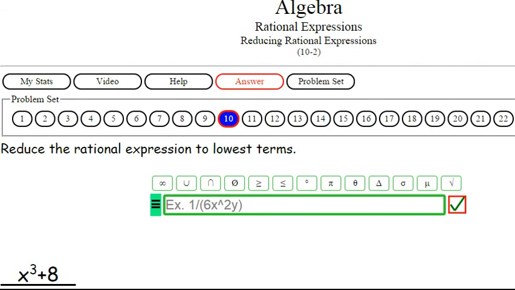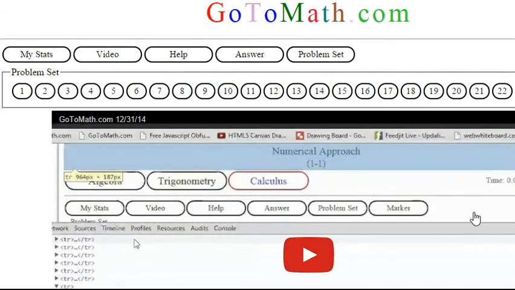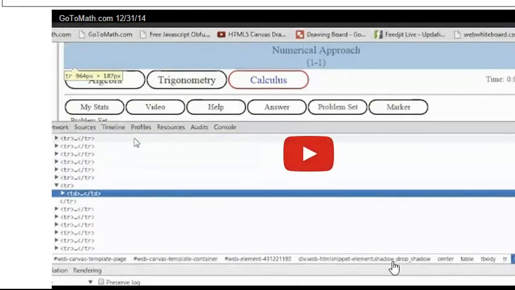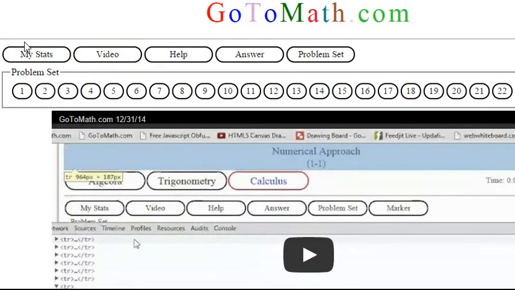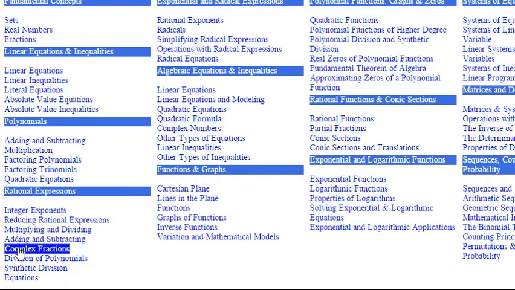So we're over here at gotomath.com. That ends this section. So after practicing a few times, you should be ready to move on into the next section, which is, I'm not sure what it is, multiplying and dividing. Okay. See you in the next section. Bye.